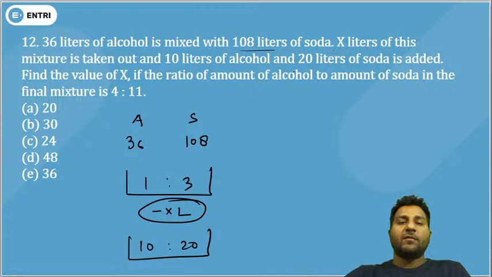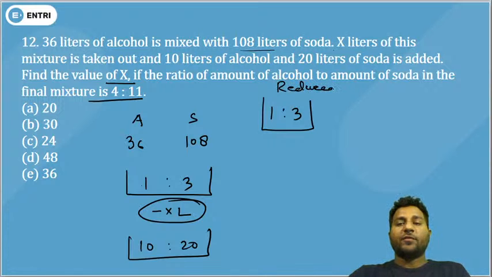Find the value of X if the ratio of amount of alcohol to amount of soda in the final mixture is 4:11. So we know that if 1:3 was the initial ratio and you took out X liter, that means your ratio has stayed intact, but the quantity has been reduced from 108 and 36.